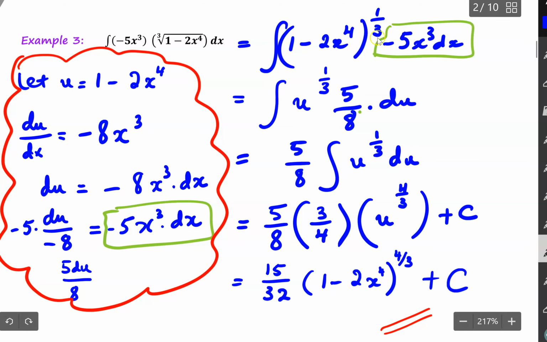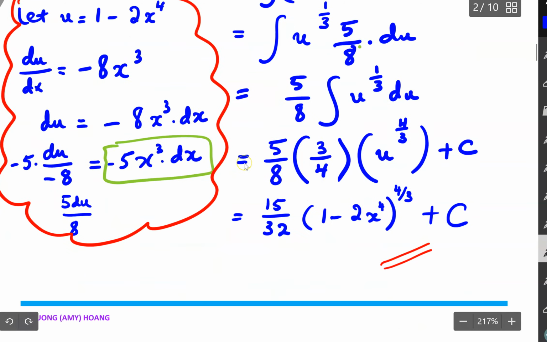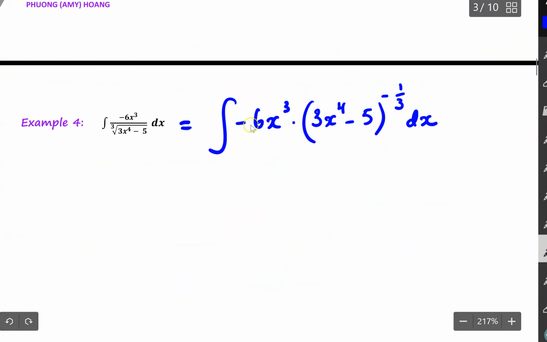I kept the exact same -5 x to the exponent 3 dx, but -5 is a constant, which you can bring across the integral sign, though I did not do it in this case. What I'm going to do is bring this -6 across the integral sign. In the end, the process is still the same.